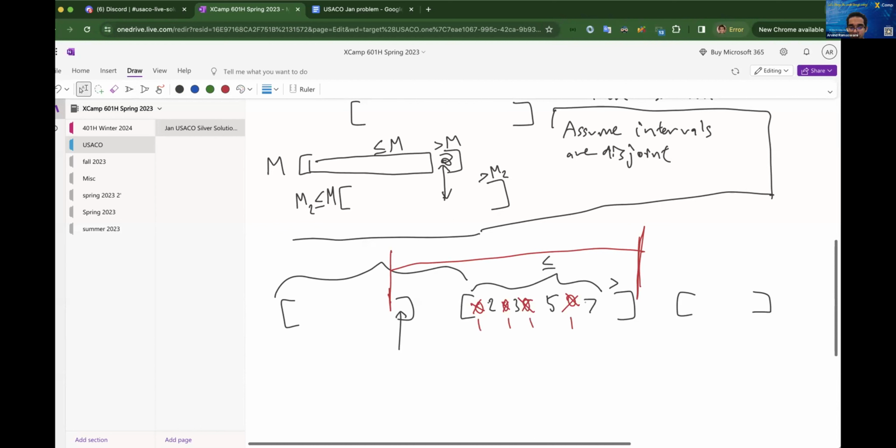Let's consider another case in which the intervals intersect, and they don't have the same right endpoints.